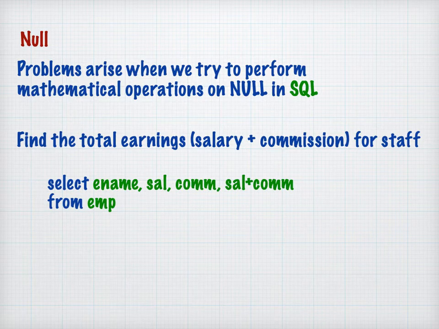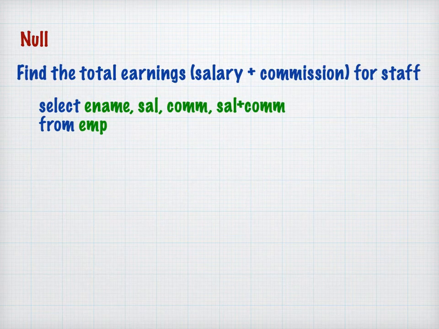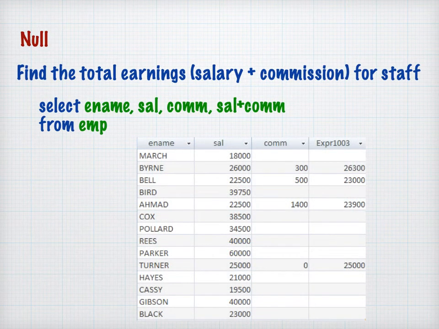Now if you run that in Access, what happens is you get this. Have a look at that fourth column, and you'll see it's not quite correct. We want that fourth column to have all the values added up. So it should be salary plus commission for each of the rows that we have. But you can clearly see that it has only worked when there is a value for both salary and commission. And the problem comes about because of this.